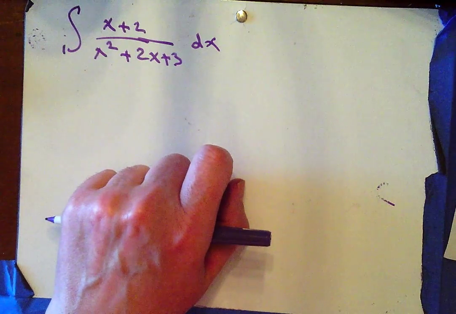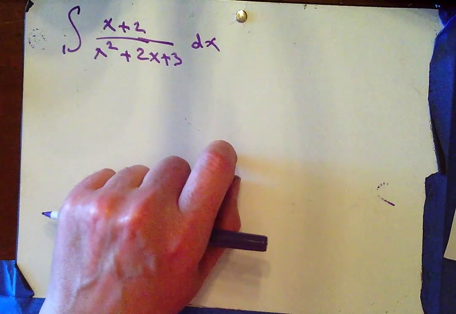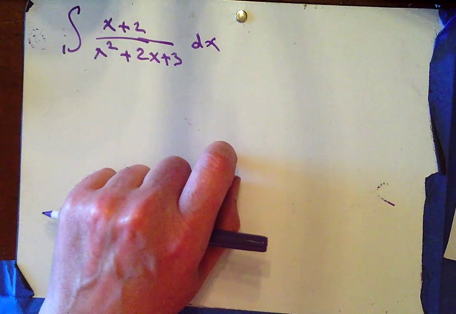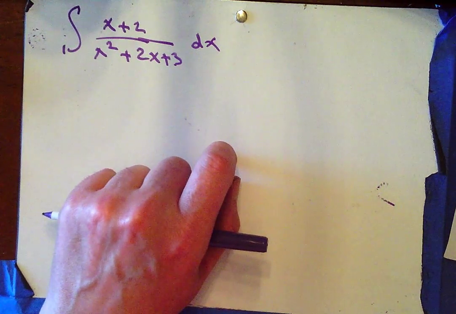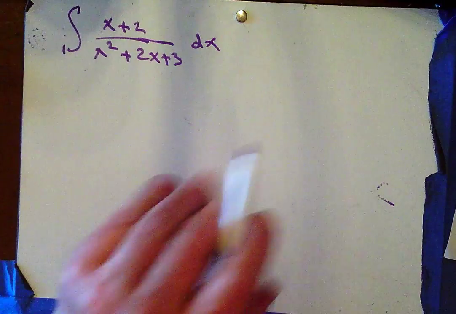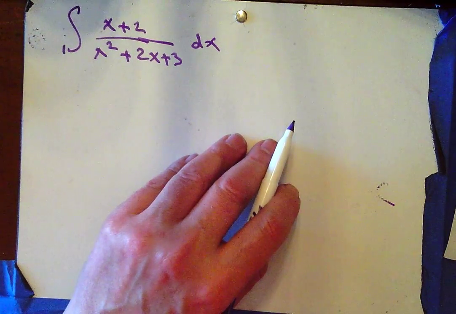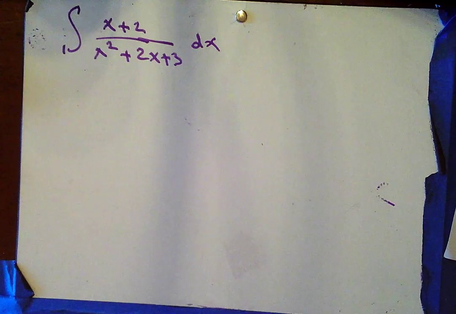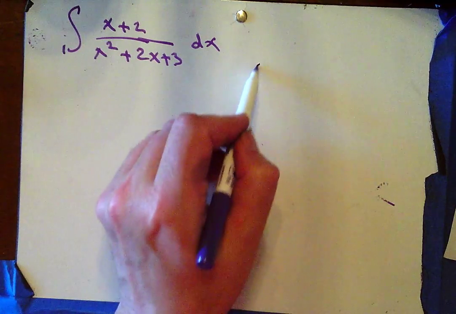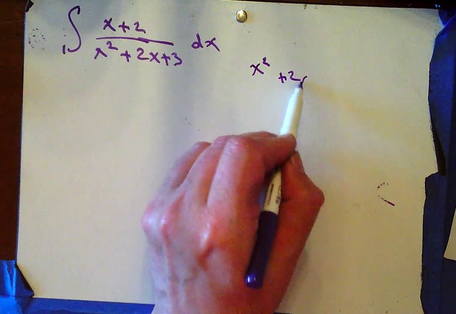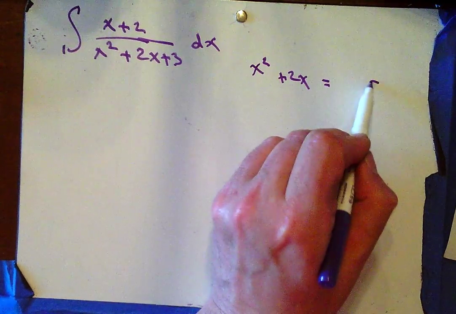And it definitely doesn't help me to try and split this into 2 fractions. Huh, that's very interesting. I wonder if this is one of those completing the square ones. I don't think so, but let's see. x squared plus 2x equals negative 3.